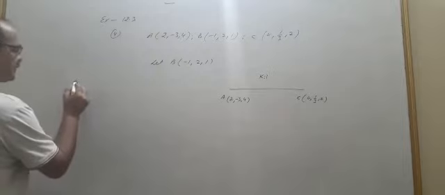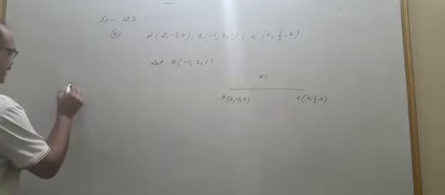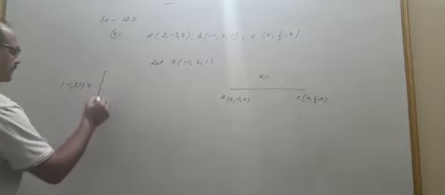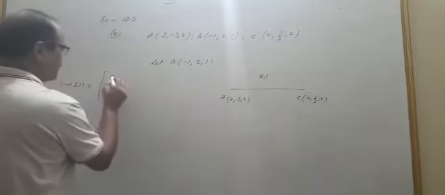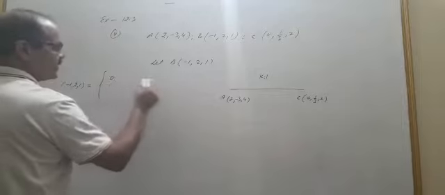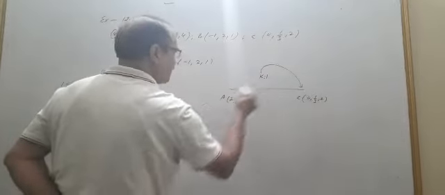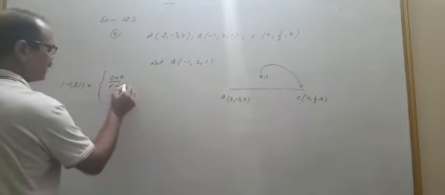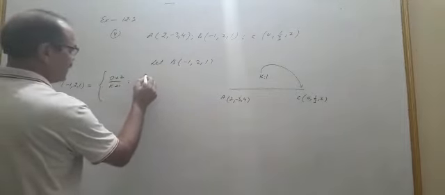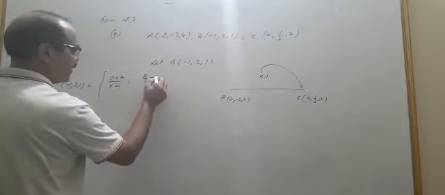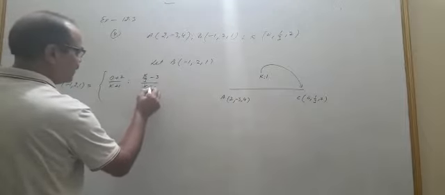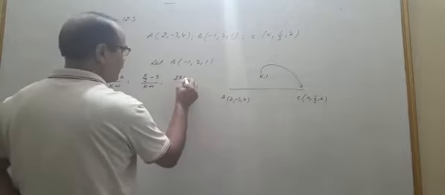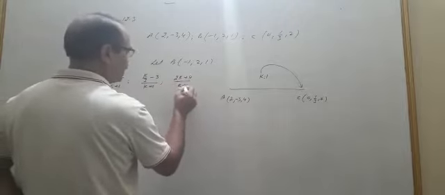Therefore the coordinates of this B, that is (-1, 2, 1), will be given by the section formula: the first is (0 into K plus 2) divided by the sum of the ratio, the second is (K by 3 minus 3) divided by the sum of the ratio, and the other is (2K plus 4) divided by the sum of the ratio.